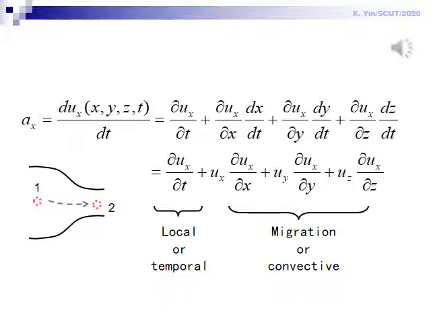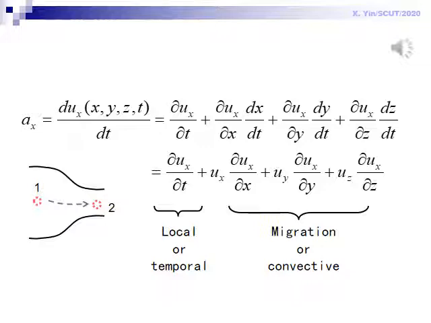Second, when we take the derivative of velocity u with respect to time t, the position coordinates x, y, and z are functions of time t because x, y, z must be on the trajectory line of that particle. Hence, x, y, z are not arbitrary and not independent of time t.